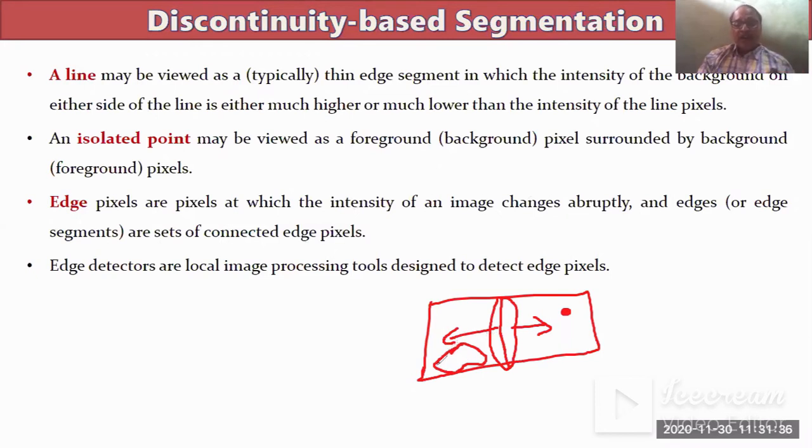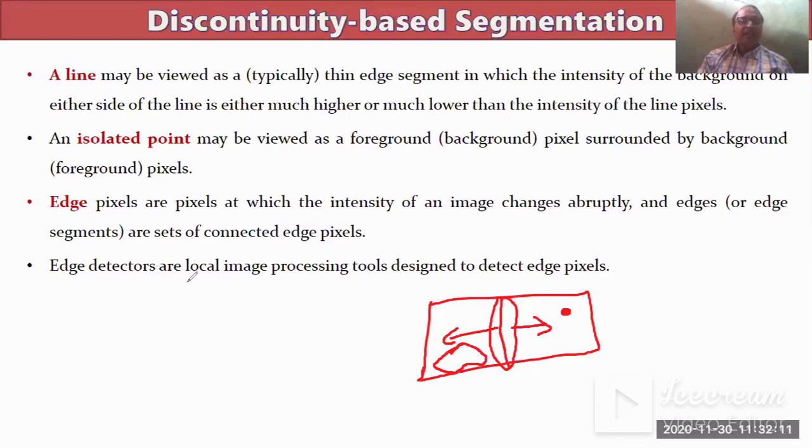Okay, and all these edges or all these pixels on the edges are connected to each other. म्हणजे ह्याचे जे पिक्सेल आहेत हे सगळे एकमेकाशी कनेक्टेड असतील. सो एज पिक्सेल्स आर पिक्सेल, जसं आपण ग्राफ मध्ये एज ची डेफिनेशन बघतो. Okay, so same, edge pixels are pixels at which the intensity of the image changes abruptly, that is rapidly, and an edge is a set of connected pixels. म्हणजे ही एज आहे ती कनेक्टेड, म्हणजे आपल्याला फक्त हा पार्ट फाइंड करायचा आहे. सो दॅट इज एज डिटेक्शन, म्हणजे लाईन डिटेक्शन, पॉइंट डिटेक्शन अँड एज डिटेक्शन.